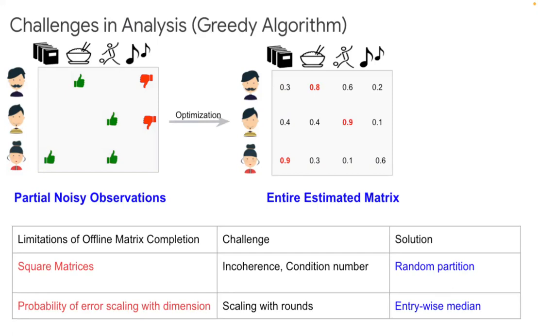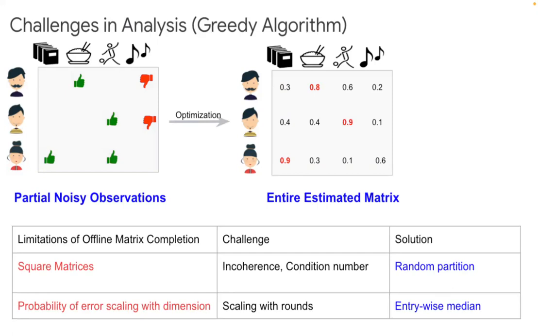However, if we pad a large chunk of zeros to the rectangular matrix to make it square, then the incoherence parameter of this resulting square matrix blows up significantly. And therefore, the guarantees of low rank matrix completion oracles also degrade significantly.